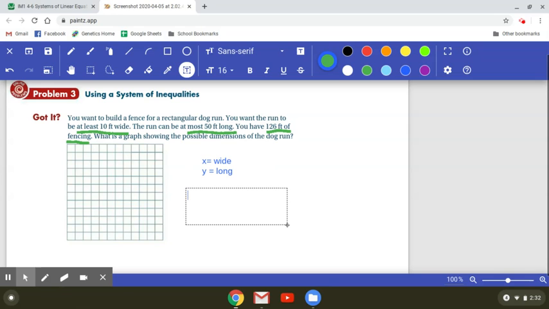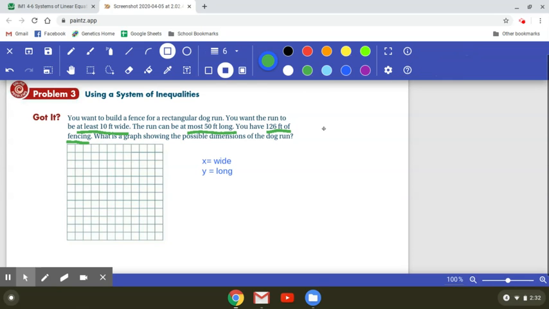So at the end of the day, we have this many feet of fencing. So not x plus y, but a perimeter. So if we drew a perimeter and looked at it really fast, here's our rectangle, right? This is 10 feet, this is 50 feet, but all the sides have to be fenced.